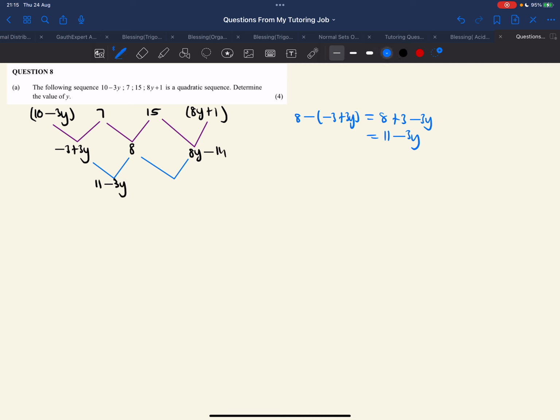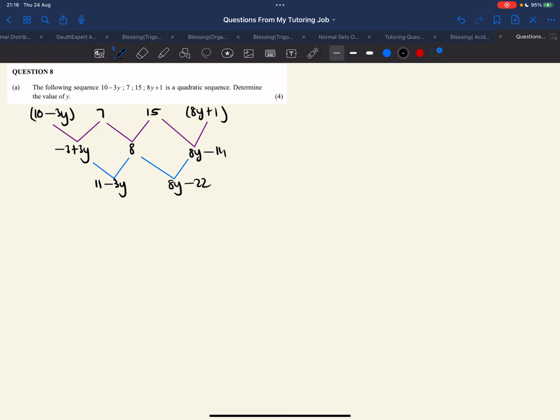And then the other one, you're gonna say 8y minus 14 minus 8, and 14 plus 8 is 22, so that will be 8y minus 22. Okay.